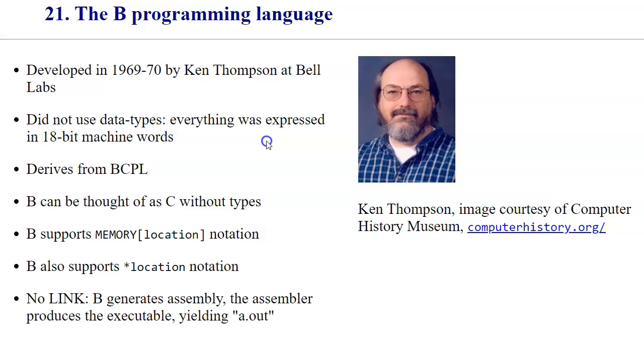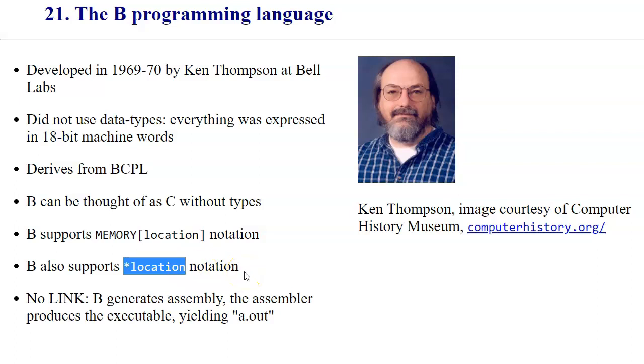Now the B programming language, which is a predecessor of C, was developed by Ken Thompson at Bell Labs, and it supported this notation, and it also supported dereference operator in its syntax.